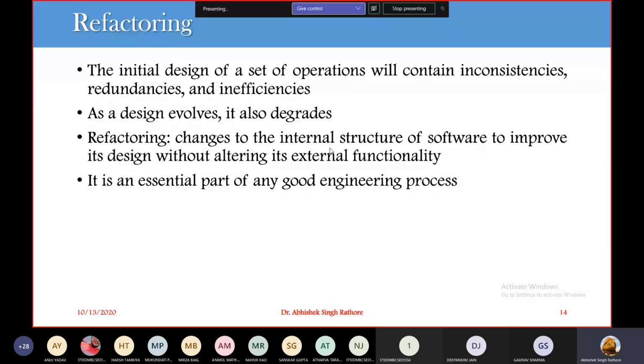Fine. Refactoring may look like a waste of time, but it is an essential part of a good software engineering process. It is not enough for us to deliver functionalities without refactoring.